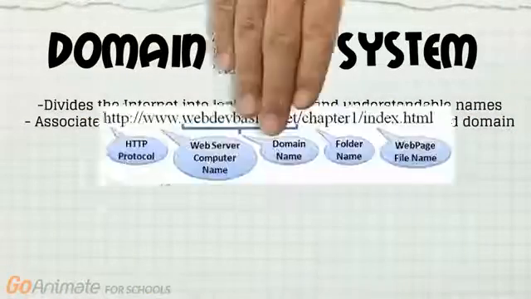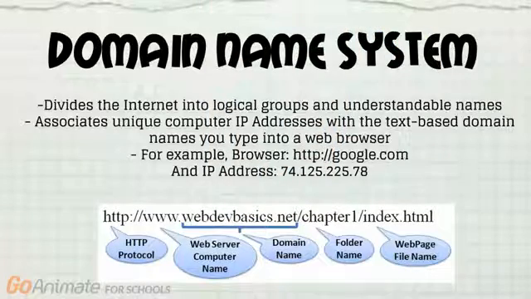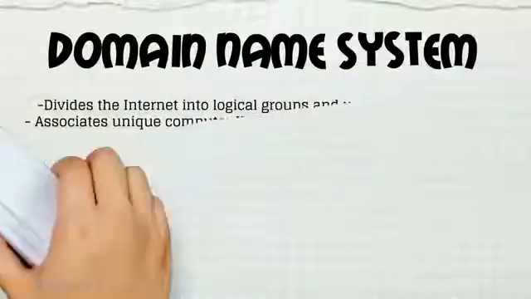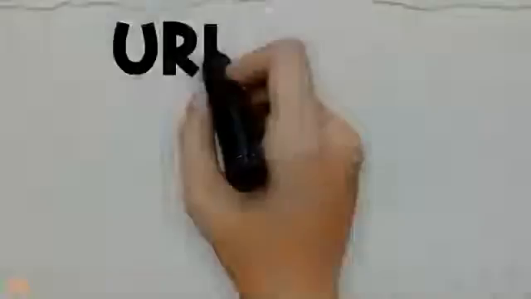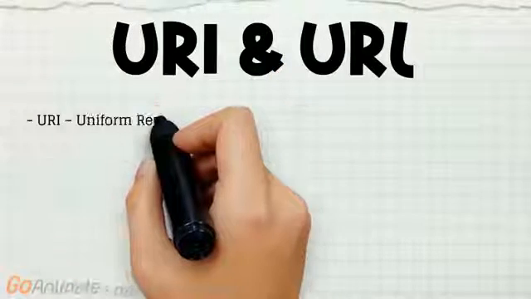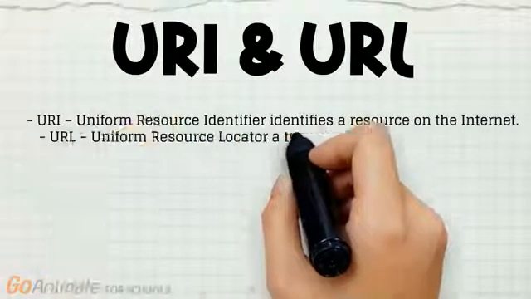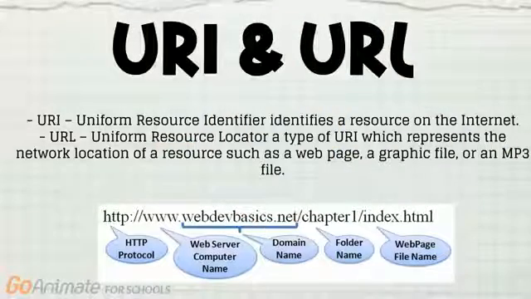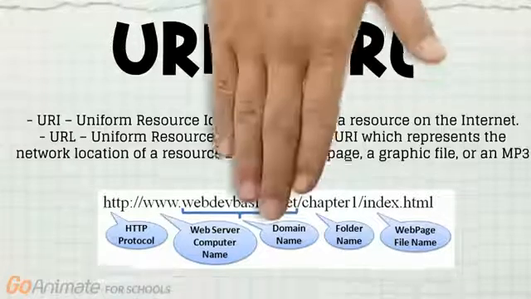It associates unique computer IP addresses with the text-based domain names in browsers. A Uniform Resource Identifier (URI) identifies a resource on the Internet, while a Uniform Resource Locator, a type of URI, represents the network location of a resource.